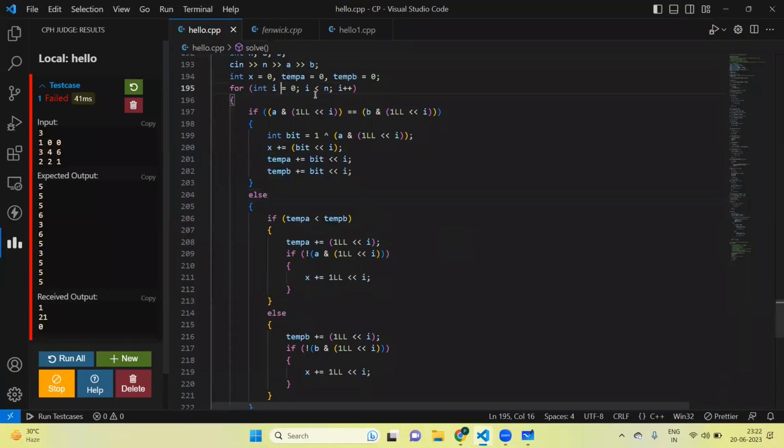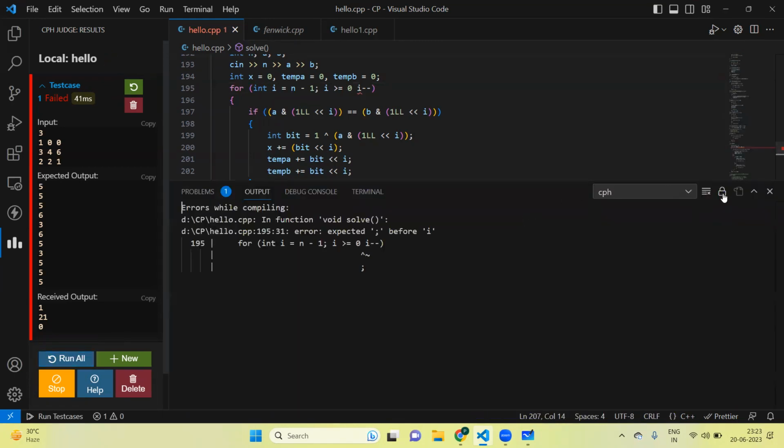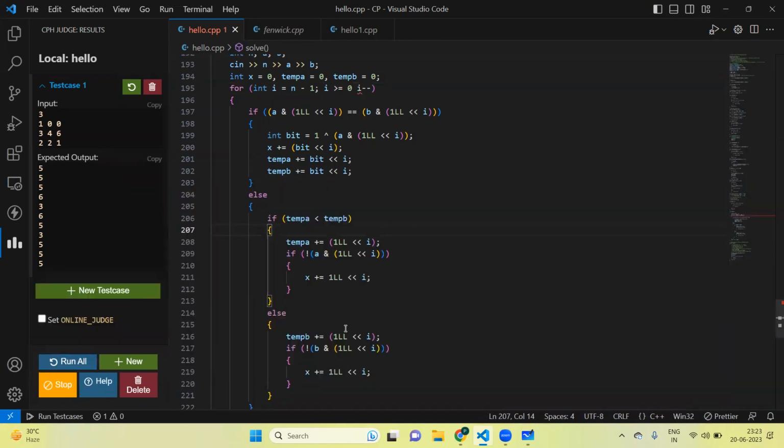No, temp A and temp B should be zero only, because we are initializing them with zero, right?